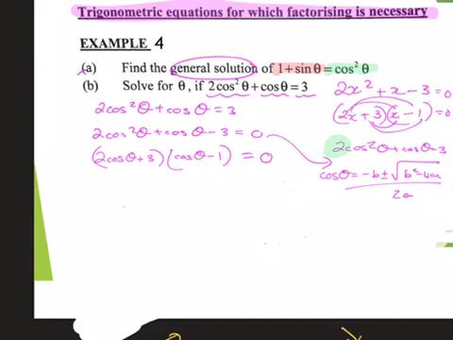There's your a value. Your b value would be positive 1, sorry, and then your c value will be the negative 3. Okay. So then that means cos theta equals negative 3 over 2, or cos theta equals 1.